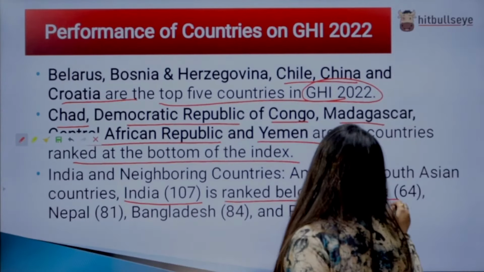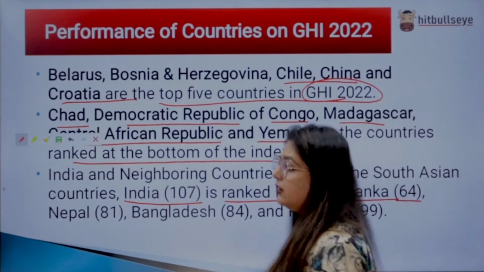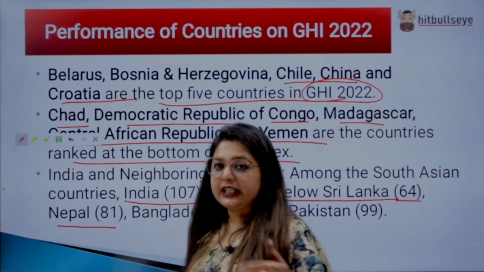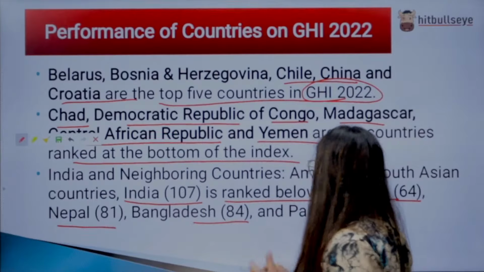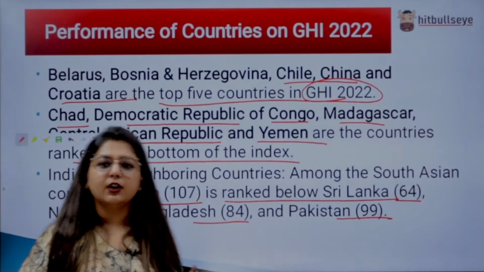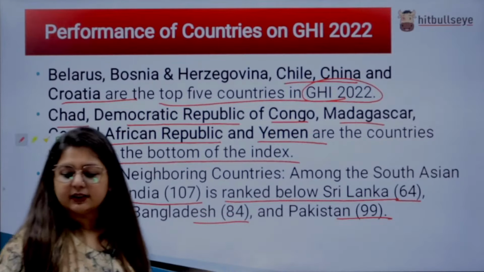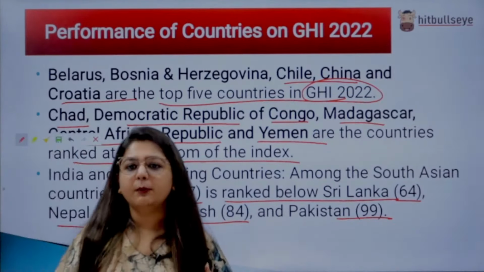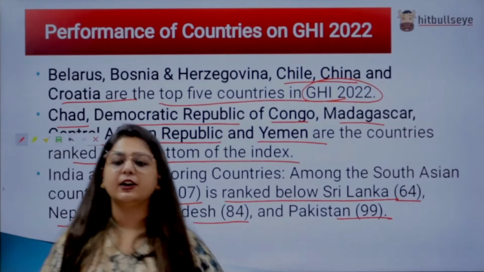It is ranked below Sri Lanka, which is ranking at 64, Nepal at 81, Bangladesh at 84, and Pakistan at 99. Right? So definitely, as we know, India has performed worse than the neighboring countries.